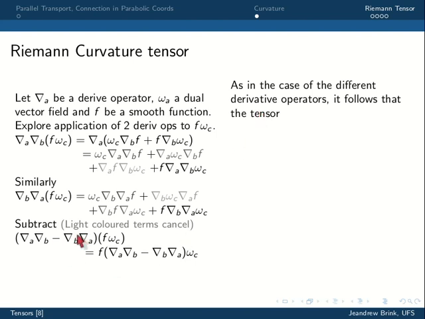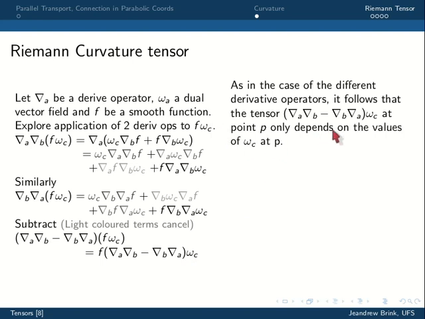Because you have this expression where if you apply the difference in the two derivative operators of a scalar field times omega C, that equals simply the scalar factor taken out, you have that this thing is a tensor at point P, and it depends only on values of omega C at P, not the way you change it off.